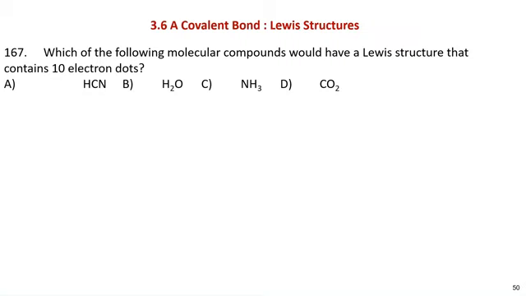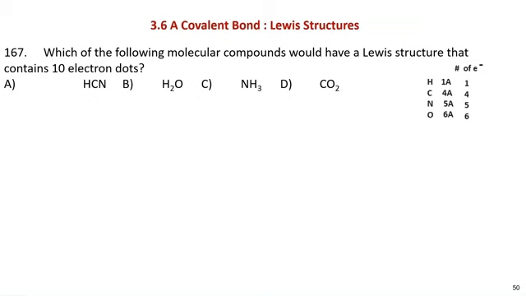So 10 electrons. So this should be the correct answer. Water has 8. Ammonia has 8. Carbon dioxide, we already calculated. It has 16, 4 plus 12. Therefore, HCN is the one that has 10 valence electrons.